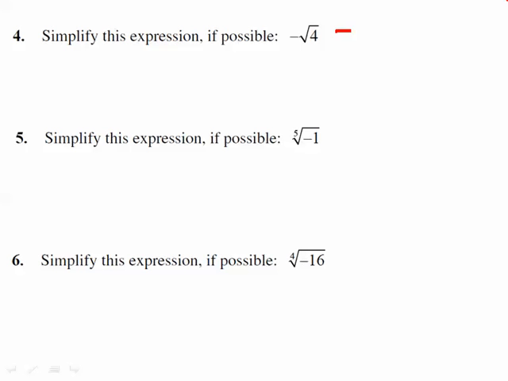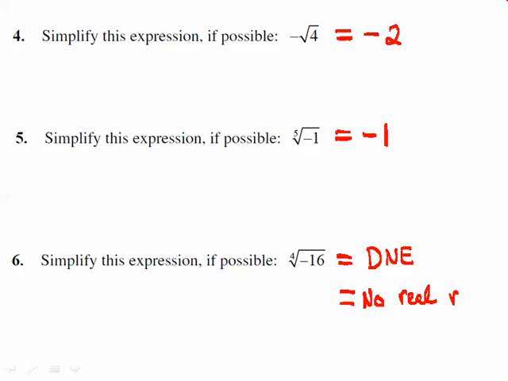So square root of 4 is a 2, but then you have a little minus in front. Fifth root of negative 1, possible? Yeah, for odd roots it is, which is negative 1. Okay, fourth root of negative 16. Nah, not a negative 16, right? It's an even root. Even roots cannot handle negative numbers. It is a DNE. So no real root.